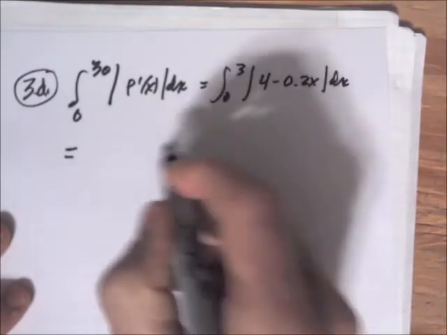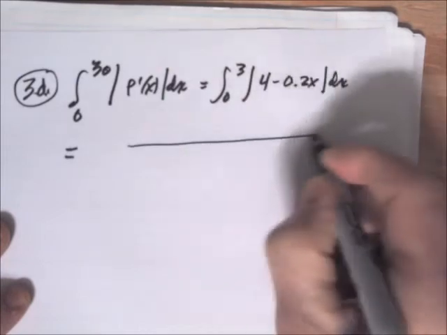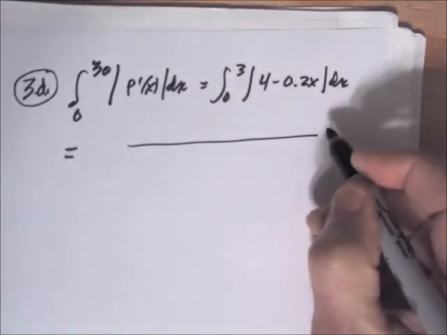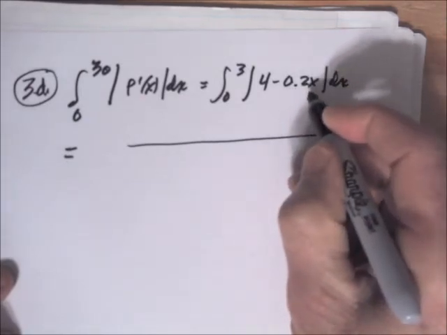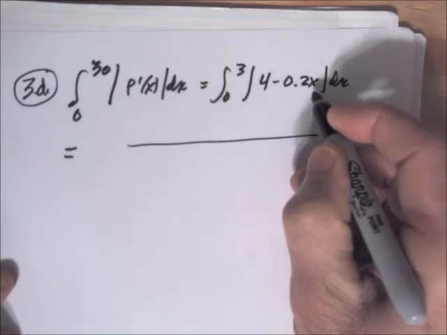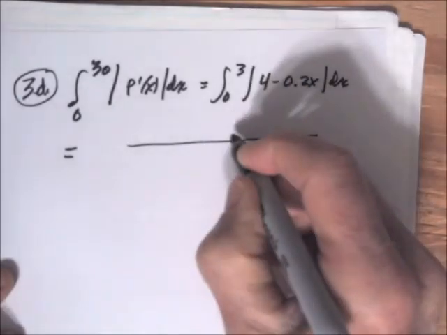Okay, so this will change sign when x is 20. Yeah, it should change sign when x is 20.